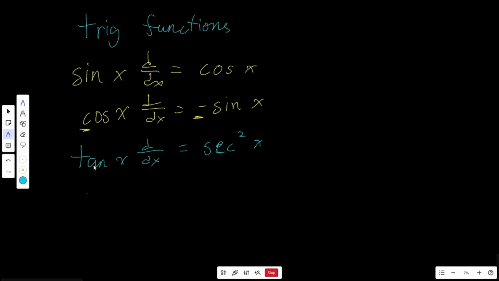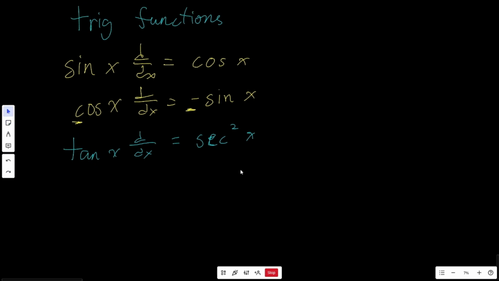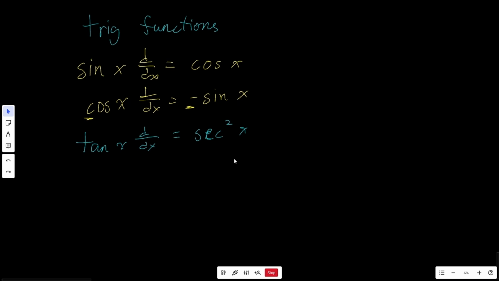Now, next, we have the reciprocal functions. Let's start with cosecant here. Cosecant x is equal to negative cosecant x and cotangent x.